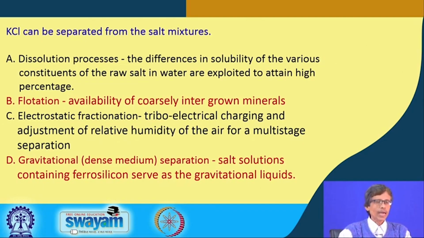Then we have the electrostatic fractionation, triboelectrical charging, which is some kind of charging, and the charging is different for the different salt species. If you have potassium chloride, sodium chloride, potassium nitrate or potassium sulfate, the triboelectrical charging can give you a difference in the charge, and the relative humidity of the air is required for a multi-stage separation technique based on the electrical field applied.